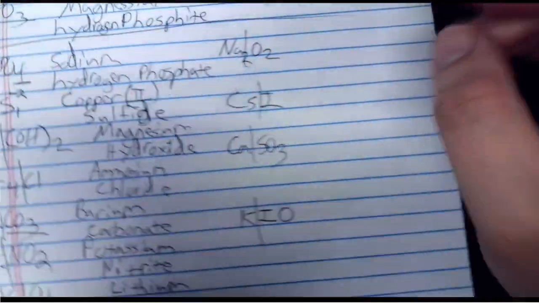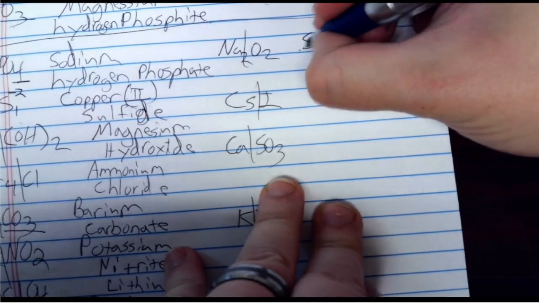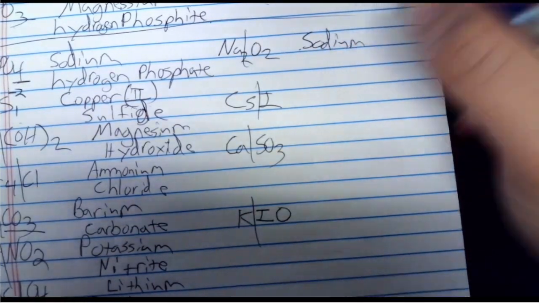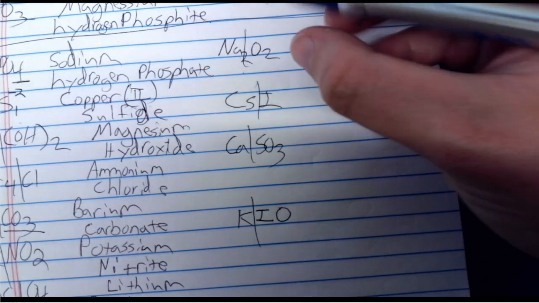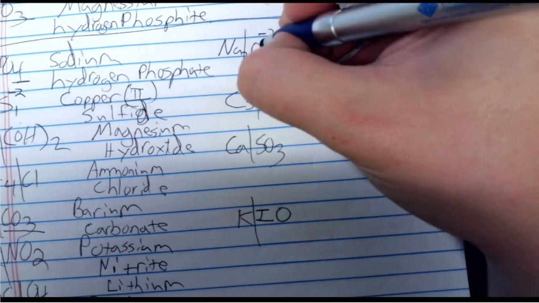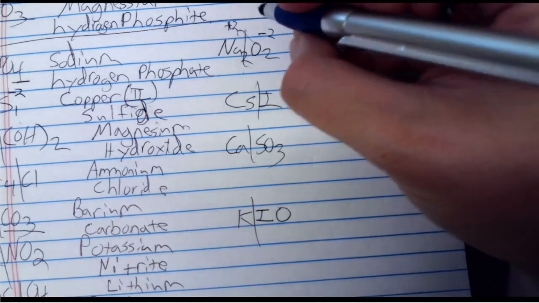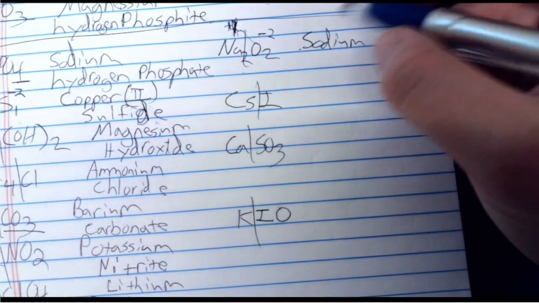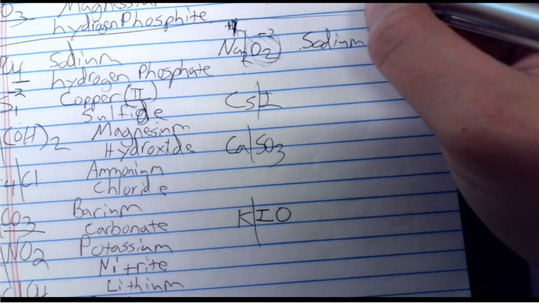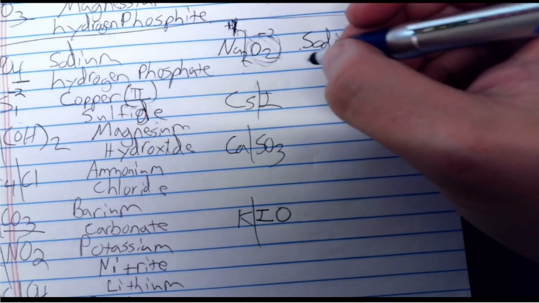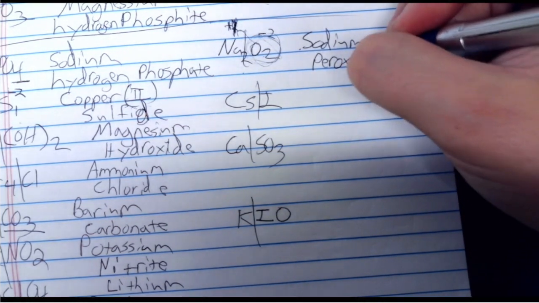Last one, sodium. So notice this is the one structure that is not simplified. Why isn't this simplified? That's because this whole thing is one unit, and that is peroxide.